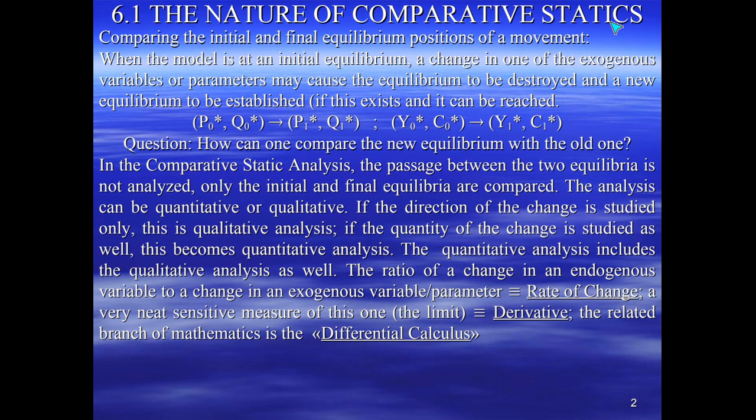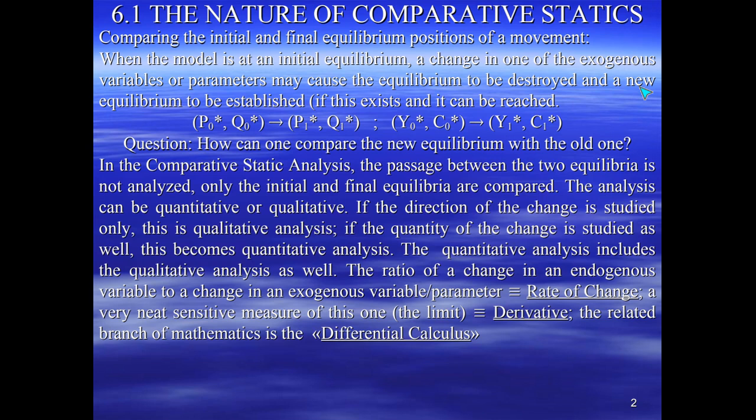That's why it is comparative statics: we try to understand the change by comparing its initial position and its final position without taking into account what happens between the two, how one passes from the initial equilibrium to the final equilibrium. So this is our topic.